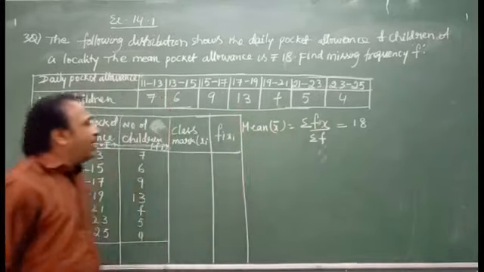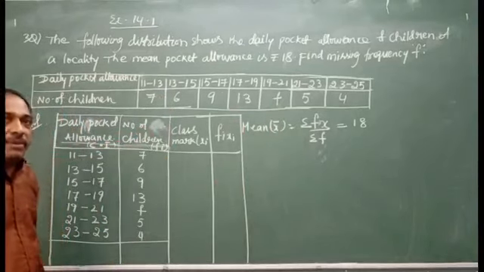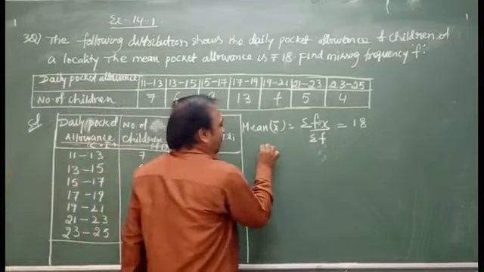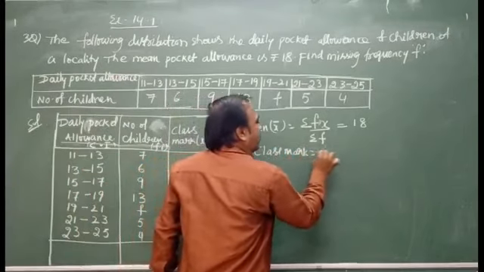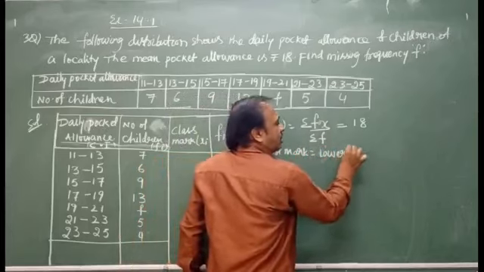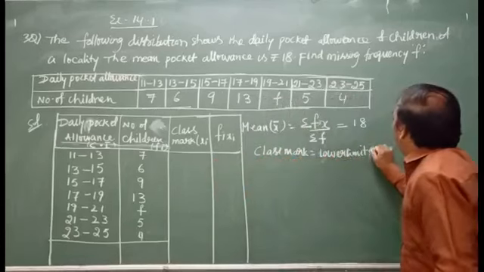Now, how to obtain the class mark? Class mark is equal to lower limit plus upper limit by 2, for each class interval.